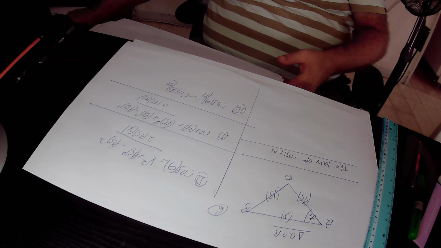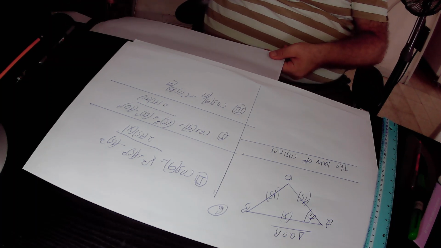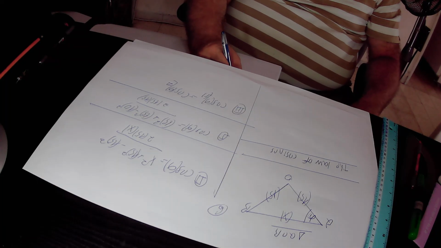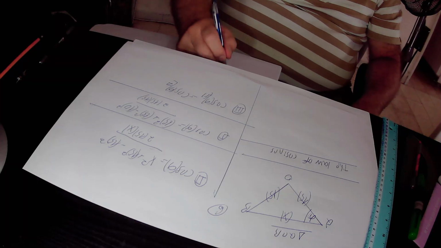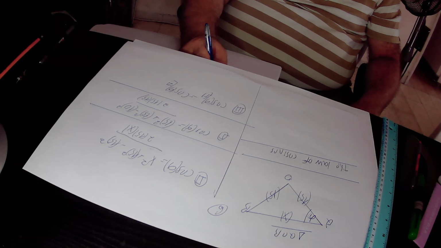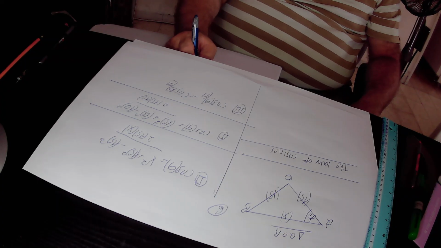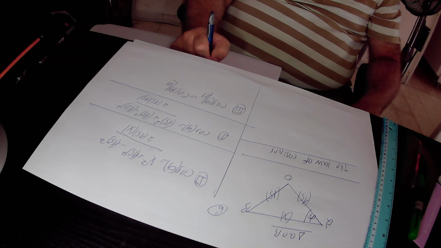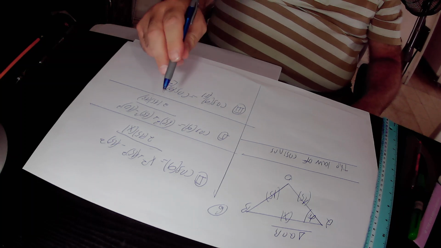So, cosine alpha according to equation 1 equals (15 squared plus 15 squared) minus 10 squared over 2 times 15 times 15, and it must be equal to cosine alpha according to equation 2.